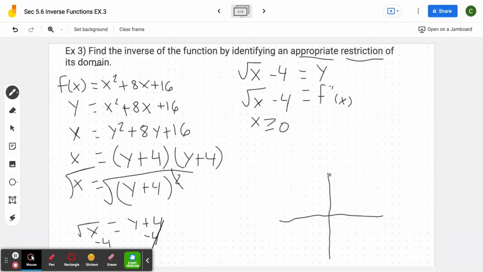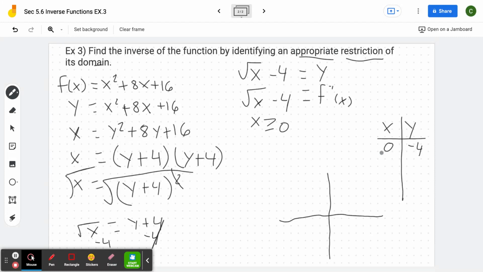Okay, and I can create a table over here real quick of my x and y values. And so if I have the square root of x minus 4, if I were to choose 0, the square root of 0 minus 4 is negative 4. I'm going to choose x values here that when I square root them, I get whole numbers.